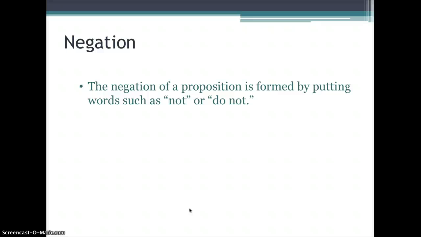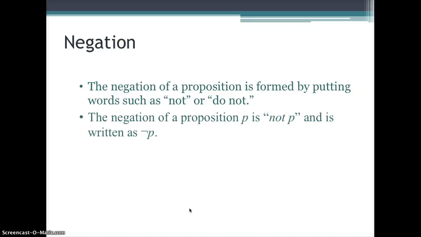We're going to practice on that. But just think that a negation is the opposite or not of the proposition. The negation of a proposition P is not P and is written this way. Remember that I already showed you this symbol a while ago in the previous slide.